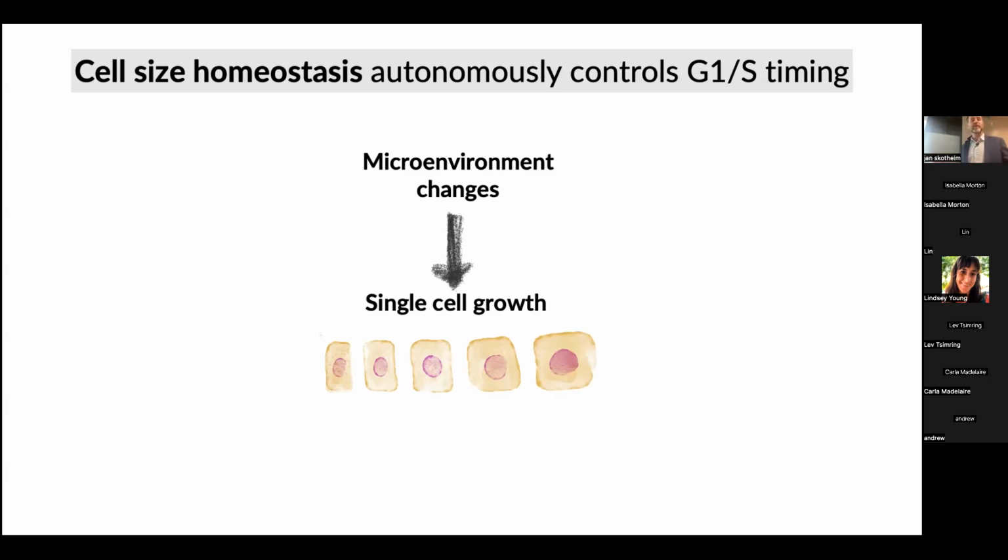That then drives a certain growth rate in the cells to compensate and maintain this tissue homeostasis. At the level of the stem cells, there's then some kind of critical size measurement which leads the cells to enter the cell division cycle and divide.